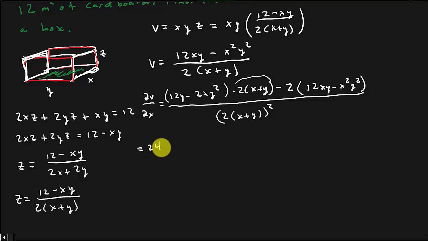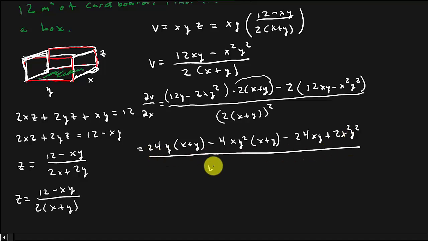So that's 24y times x plus y, minus 4x y squared times x plus y, minus 24xy plus 2x squared y squared. And this is all over 4 times x plus y squared.